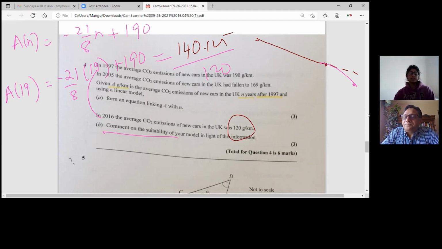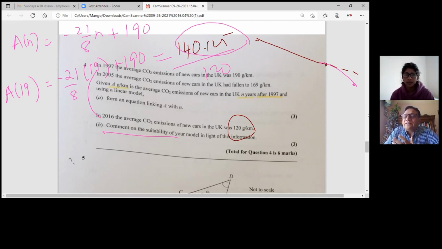Yeah. I said that when I did it, I think I just did a similar thing, but I subbed in 120 as A and then found out the number of years was around 27 years instead of 19. Okay. But I think a better approach is that in 2016, that was the average, right? As per our model, we expected it to be 140, correct? But it was actually reduced to 120.